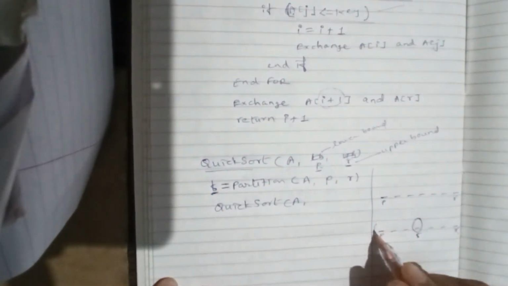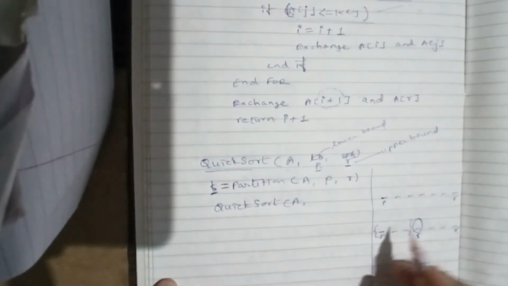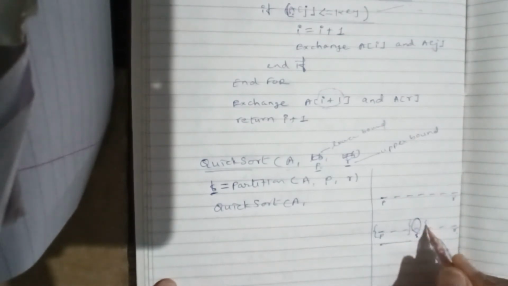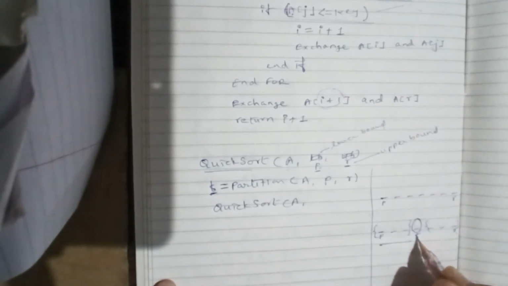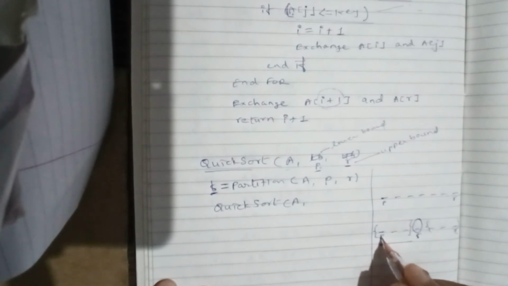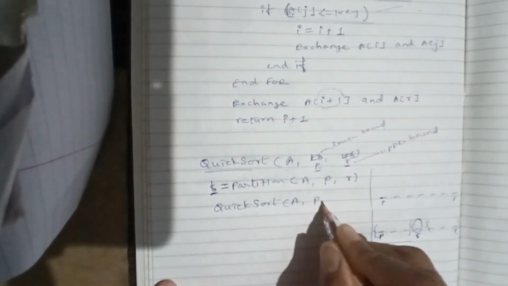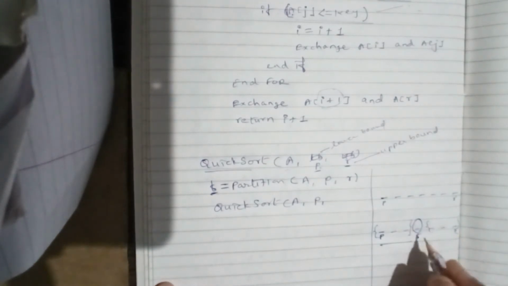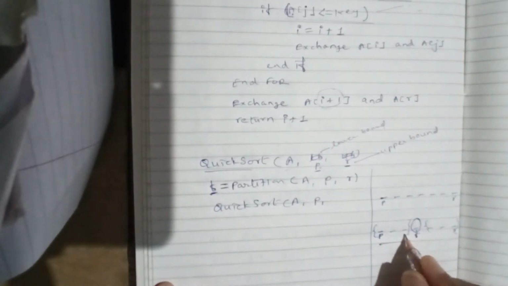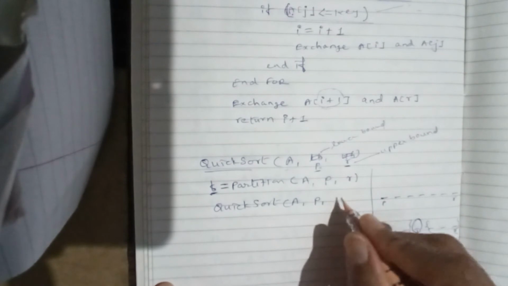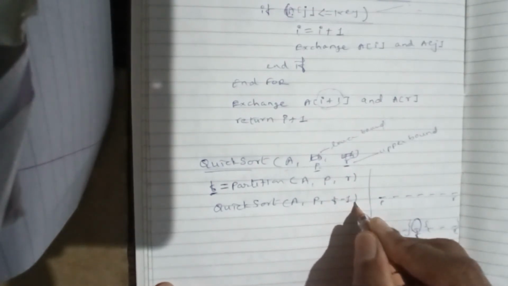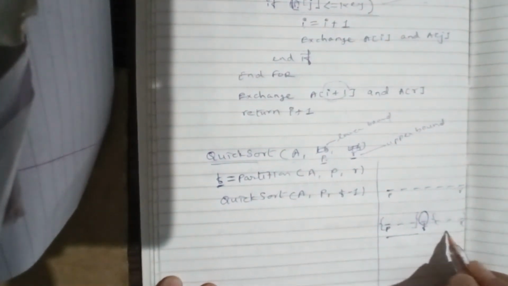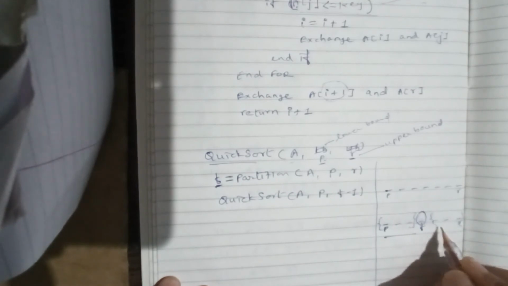So I have 2 unsorted partitions, one on the left hand side of F, one on the right hand side of F. The left hand side partition starts from P, so its lower bound is P and the upper bound is just before F, that is F minus 1. What about the right hand side partition? It starts from F plus 1.